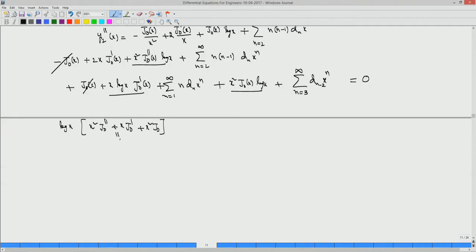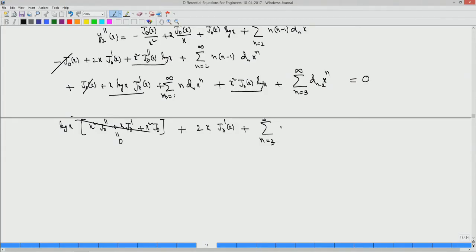Because J0 satisfies the Bessel equation, this term has gone. So plus, now you have 2x J0'(x), and then plus, you can put the series together.